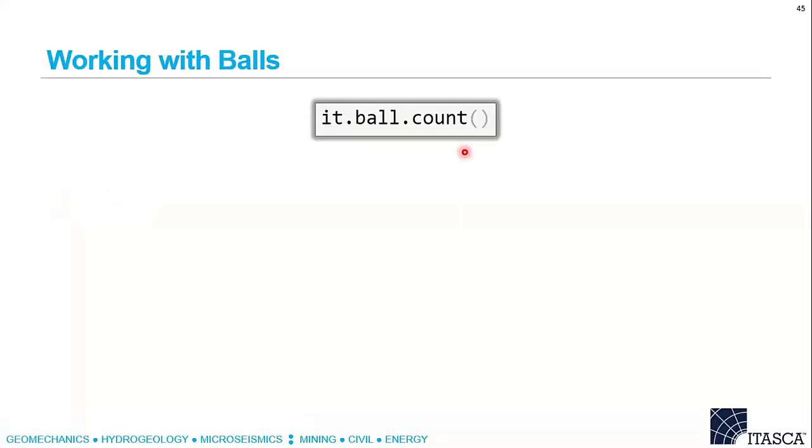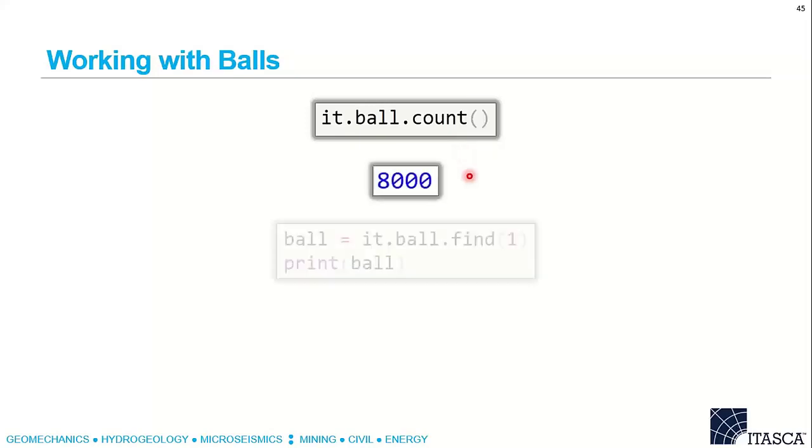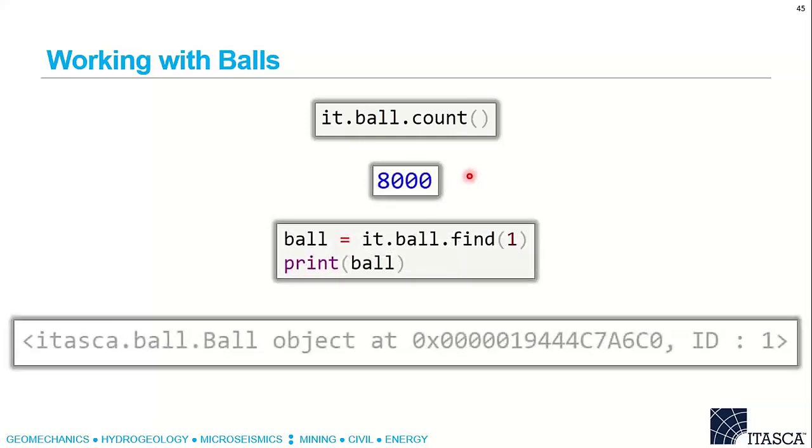Another object available within the Itasca module represents the ball type. Very similarly to the zone type, the ball submodule contains a function to return the count of all the balls within a model, as well as find a specific ball from an ID.